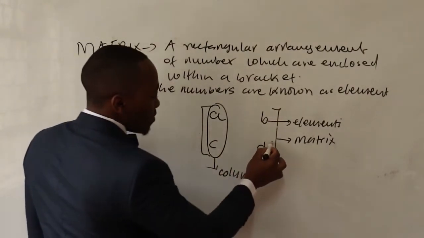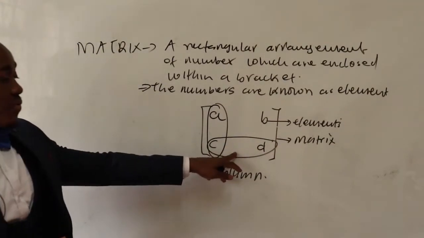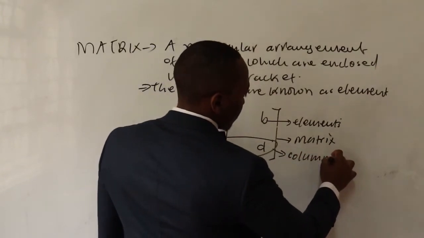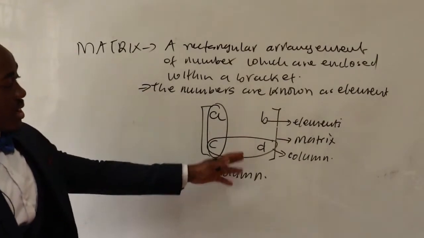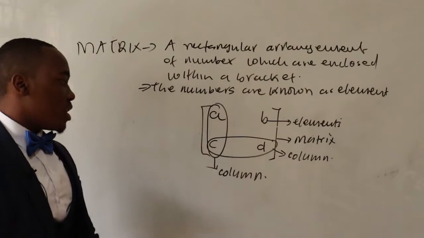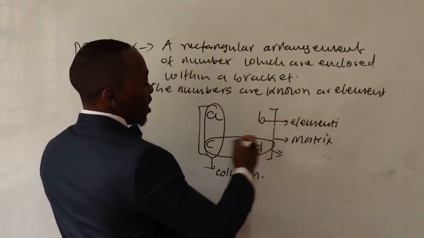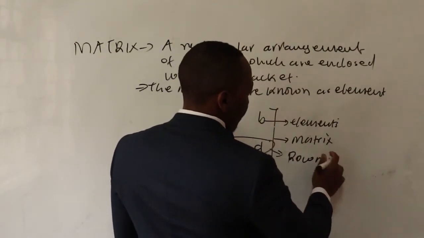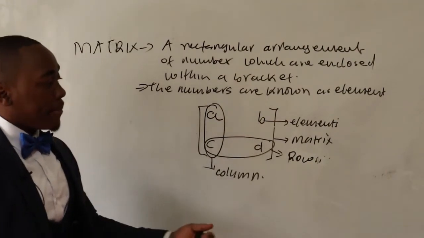Also, the horizontal arrangement of numbers is what we call a row. A matrix has elements and it has its own orders. Good, so that's what we call a matrix.